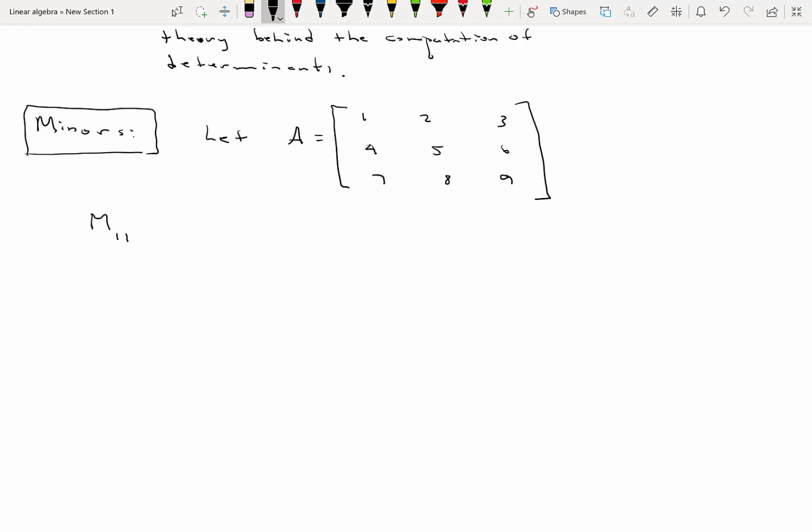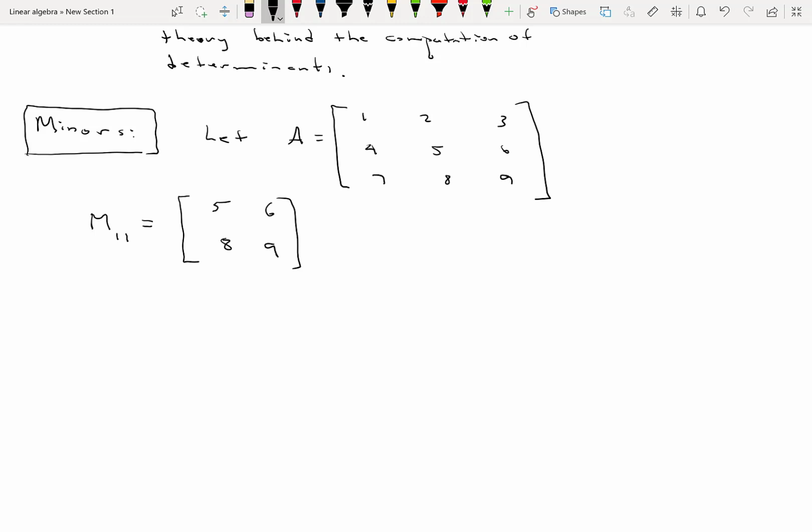In any case, we have something called the 1-1 minor of the matrix A. I'll be writing out the words with this definition in a second. And that is the 2 by 2 matrix whose entries are 5, 6, 8, and 9.